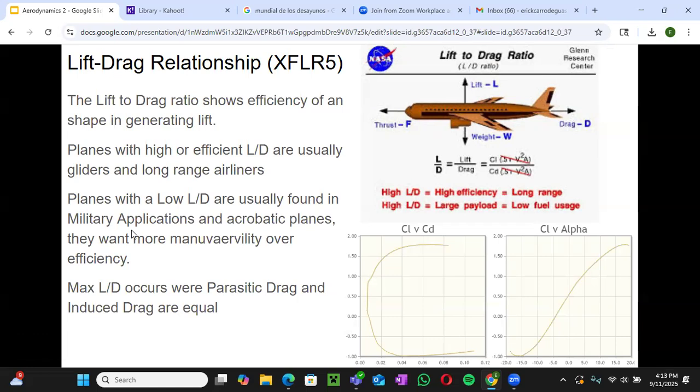So let's remember, move back to what aspect ratio was describing.